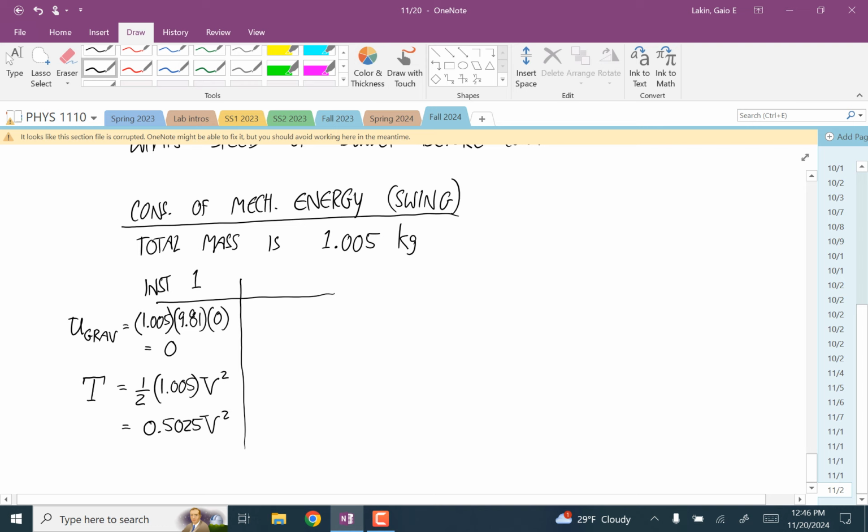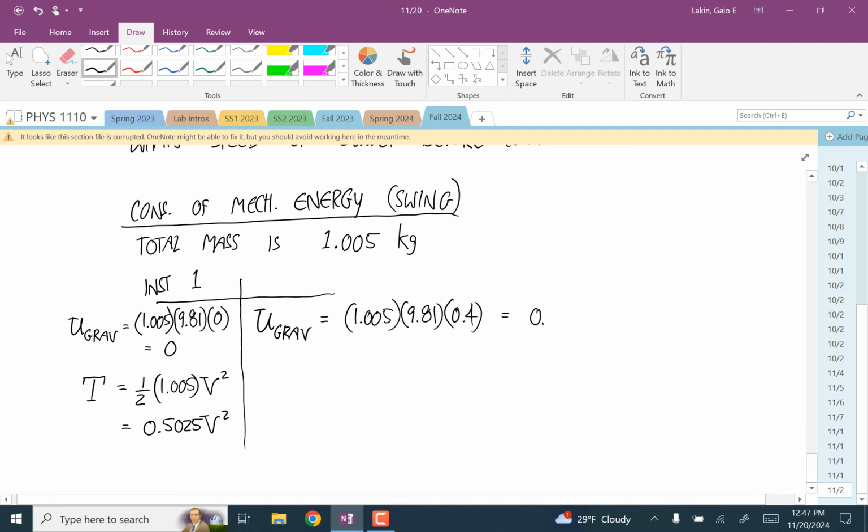Instant 2 is at the top of the swing, right before it starts to come back the way it came. So the gravitational potential energy is 1.005 times 9.81 times, what's the height at that second instant? 0.4, yep. And so for this, we get 1.005 times 9.81 times 0.4.